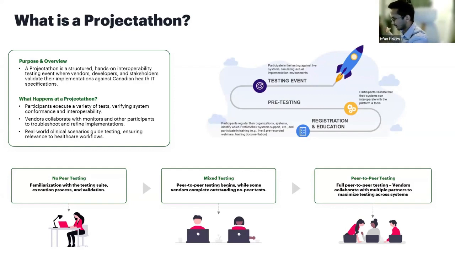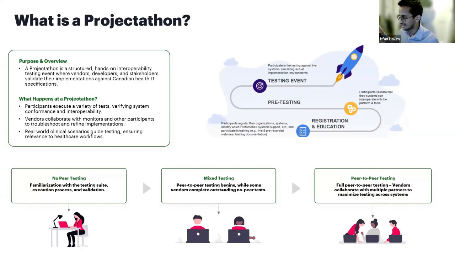Once that's passed, vendor two can do that testing with the middle system as well, that connecting system. It's not a true peer-to-peer test, but more like a peer to a middle testing platform, a middle server that has already passed our non-peer testing, or that we've created, and the two systems test against this, but they're not testing each other's systems.